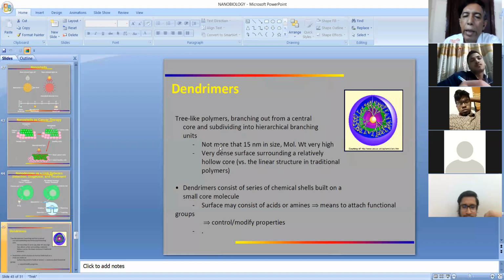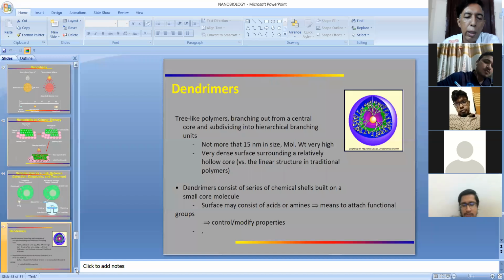And that has a size of about 15 nanometers. So these are nanoparticles. Tree-like polymers branching out from a central core and subdividing into hierarchical branching units.